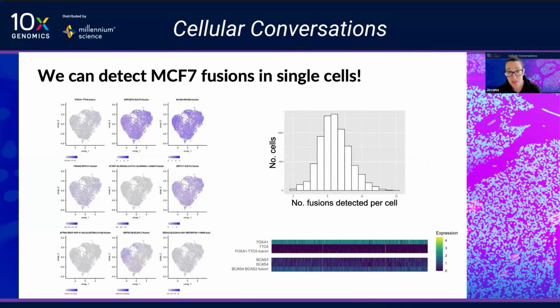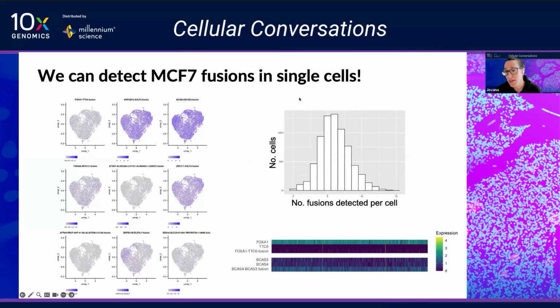And the most exciting thing was that we could actually see fusion expression. I'm just showing some examples here of the different fusions that we designed probes for in the MCF7s. You can see them expressed at different levels in the MCF7 cells.